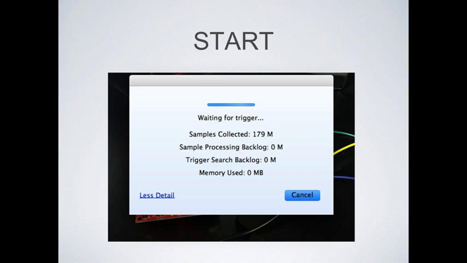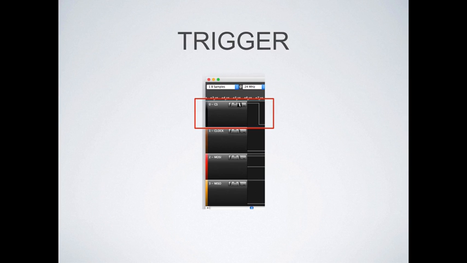In mode 0, I set the trigger, which I'm going to show on the next slide. We started to capture. I told my logic analyzer to trigger on a falling edge of the chip select. The reason I chose that is that there's going to be a lot of data going over the SPI bus. It could be data going to other chips, because those lines are all connected to each other.